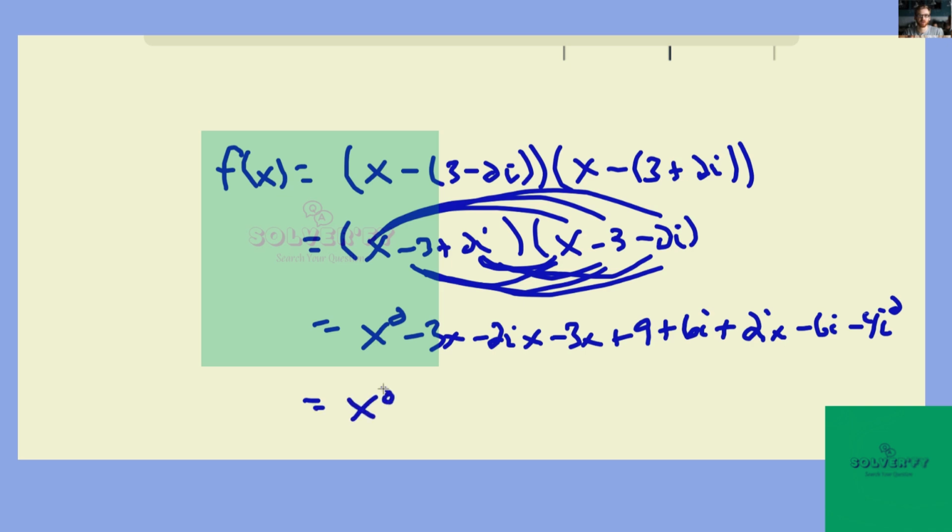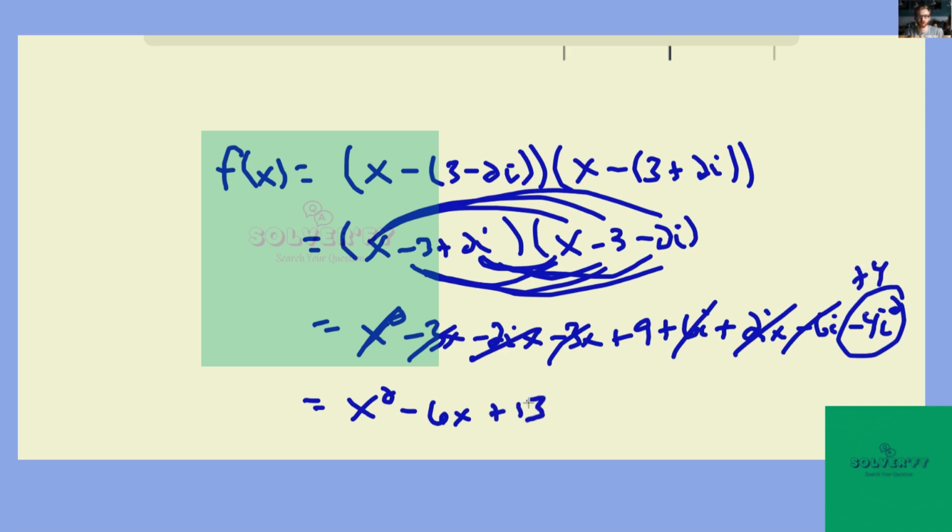So that's x squared minus 6x, positive and negative 2ix's cancel, positive and negative 6i cancels, minus 4i squared, i squared is negative 1, so that becomes a plus 4, so that would be plus 13. x squared minus 6x plus 13.